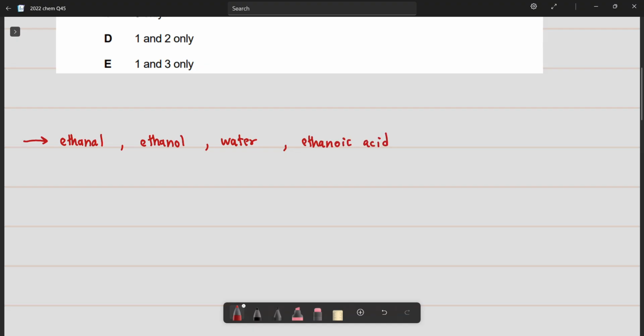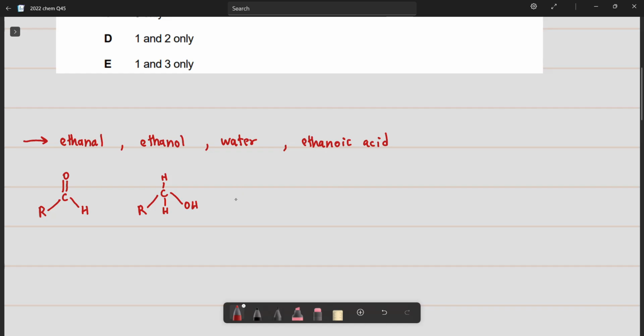The reason for this is the structures, so I'm going to draw the basic structure here. Ethanol is an alcohol, and its chemical structure is this. R stands for the carbon chain behind, carbon and hydrogen only, and then this is the structure for ethanol, the alcohol.